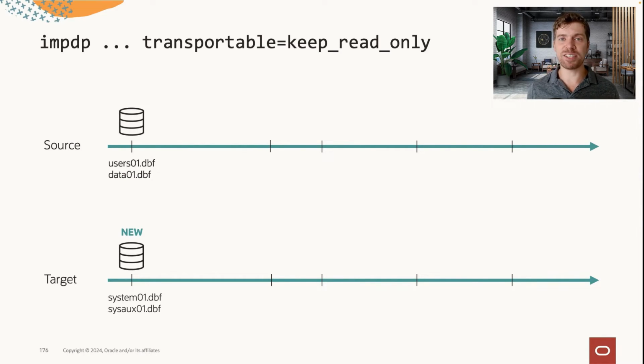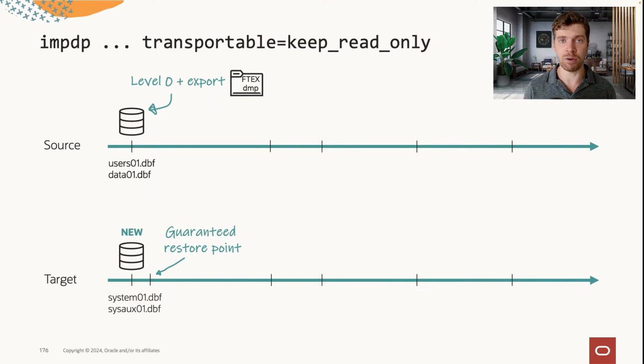Okay, so here I have my source and target systems. First thing I do is take a level 0 backup in my source system and the full export for transportable on it. In my destination server, what I do is create a GRP on my database, so that way I can flash back later to this point after trying my changes.